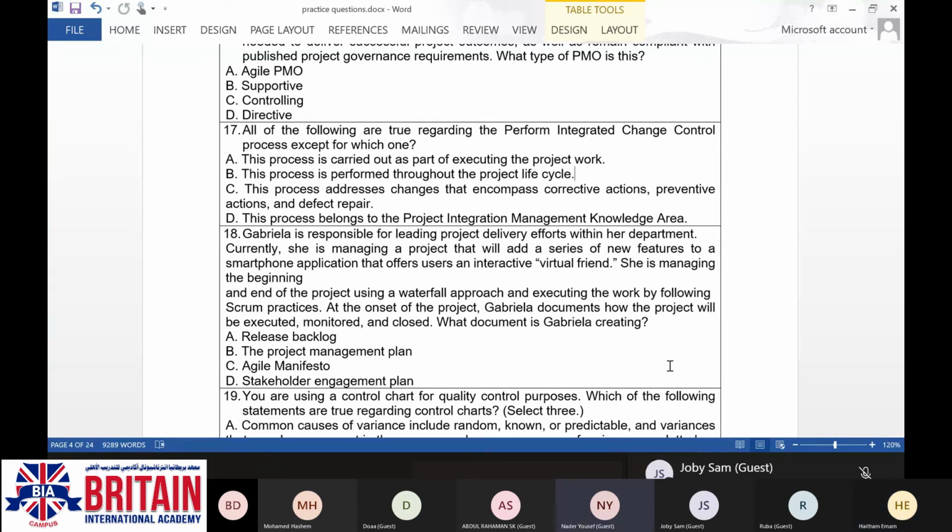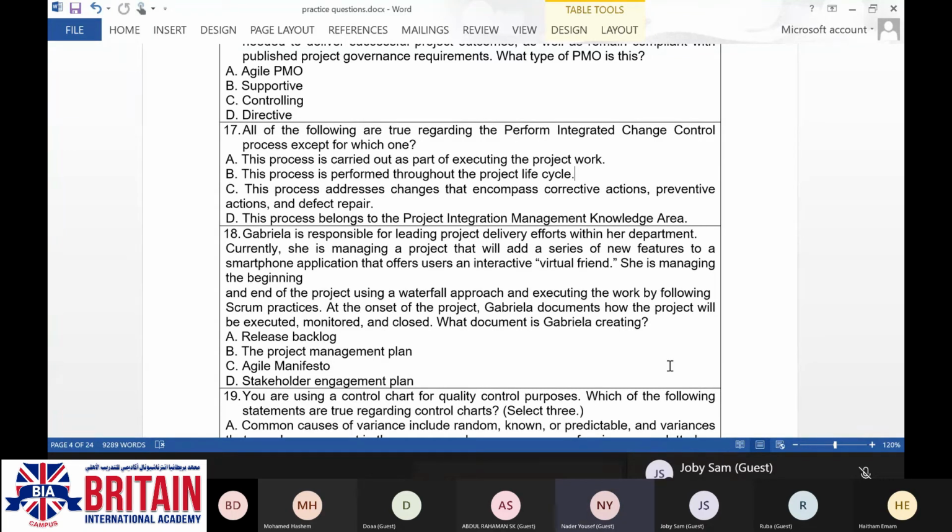The process is carried out as a part of executing the project work. This process is performed throughout the project lifecycle. This process addresses changes that encompass corrective action, preventive action, and defect repair. This process belongs to the project integration management knowledge area.